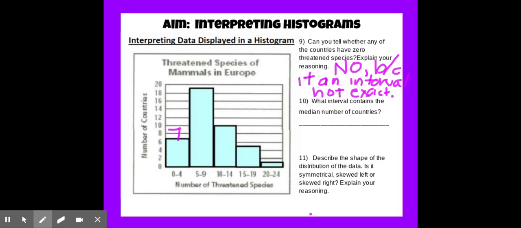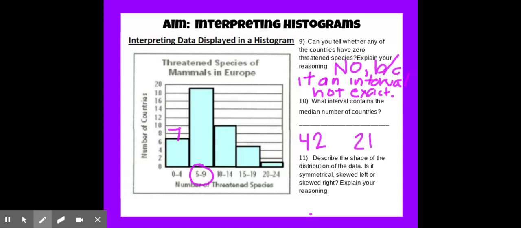So that's it. All right, so which interval contains the median number? So generally speaking, the median's in the middle, but because this one's a little bit over to the left, the median's going to be here between 5 and 9. And why is that? Because in the beginning of the video, we said that there were 42 countries. Now, where's the middle of 42? It's about 21.